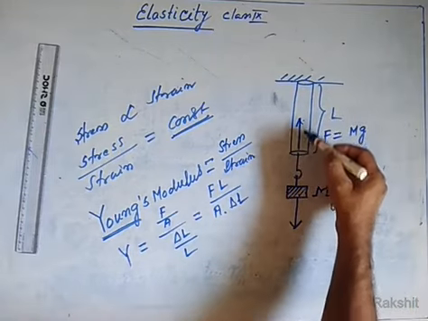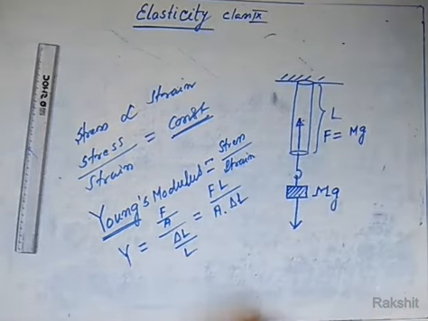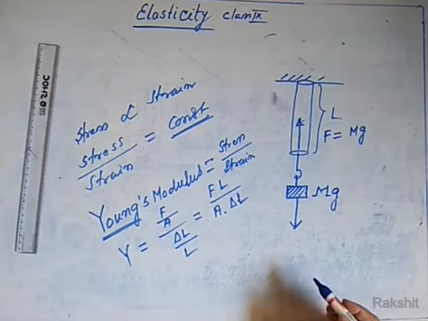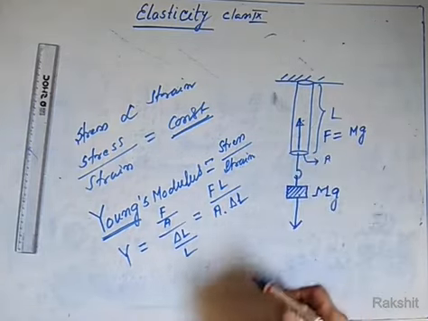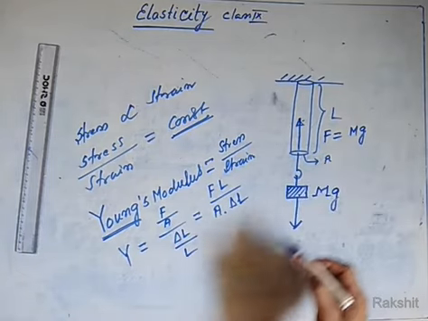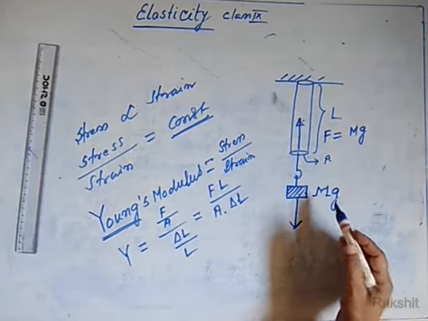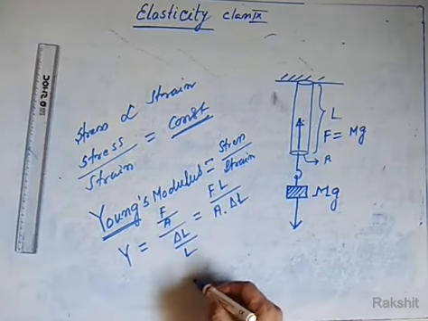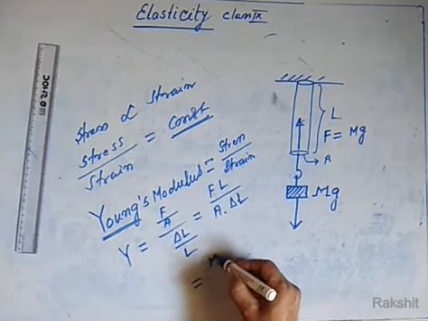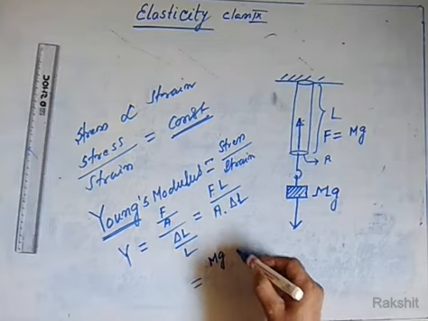Remember, this is the force due to elasticity. And if the area of cross section is equal to A, then the stress is equal to mg by A. So in place of F, we can say this is equal to mg, and this is L.